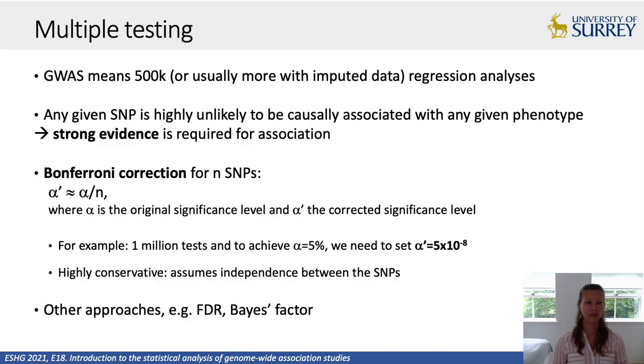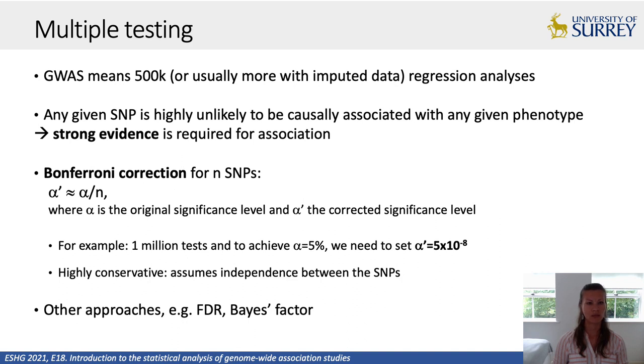One issue with genome-wide association studies is multiple testing, because we are running hundreds of thousands or even millions of regression analyses. So we need strong evidence for each SNP to avoid false positives in our findings.